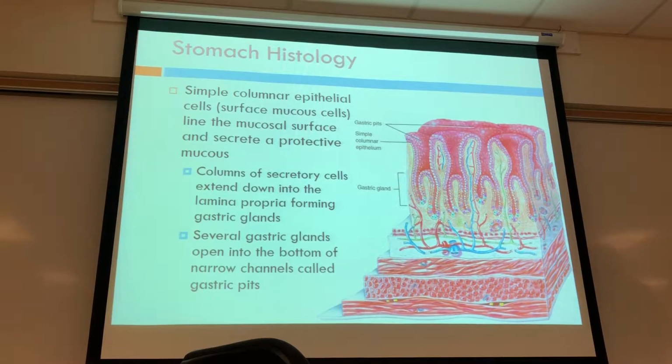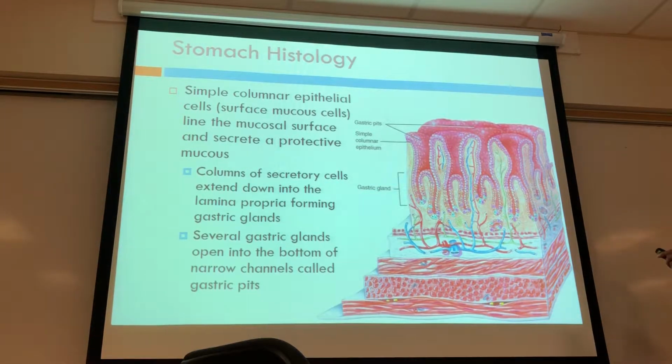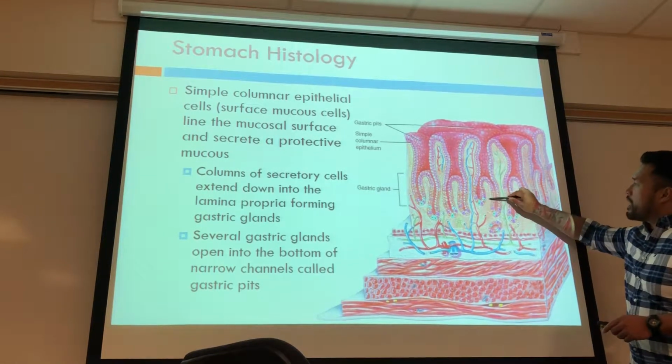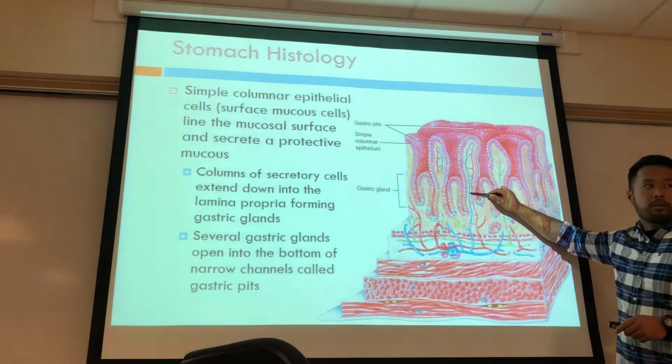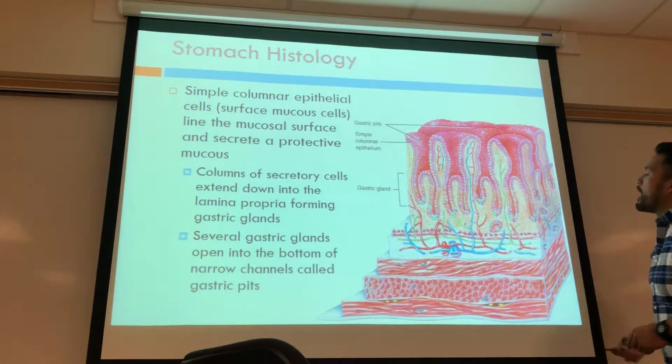Now, looking at the mucosal layer, again, the presence of rugae, the wrinkles. The reason for those wrinkles is that they create these little pockets. And these pockets within the rugae are going to be the presence of exocrine or secretory cells, so not only exocrine, but also endocrine cells.